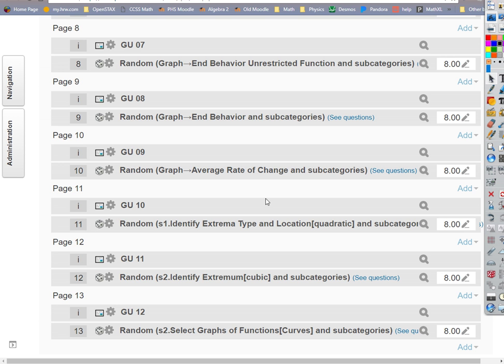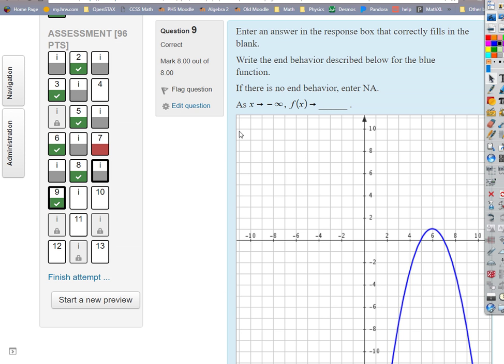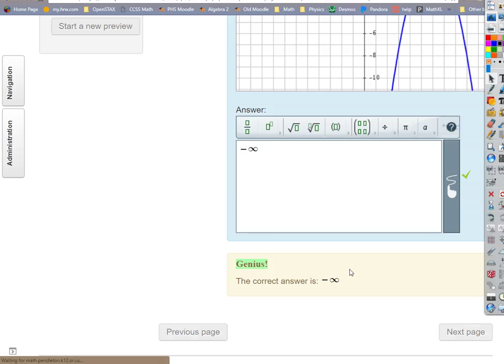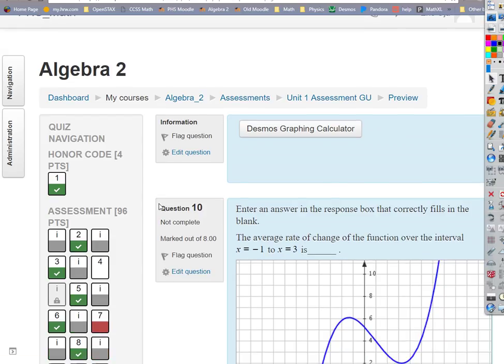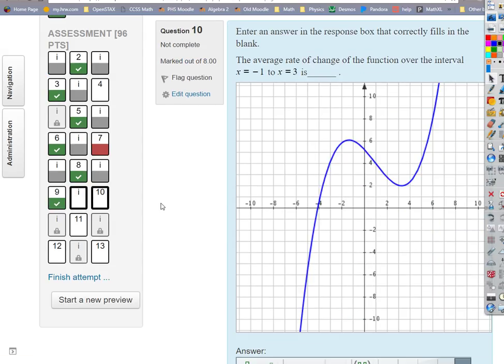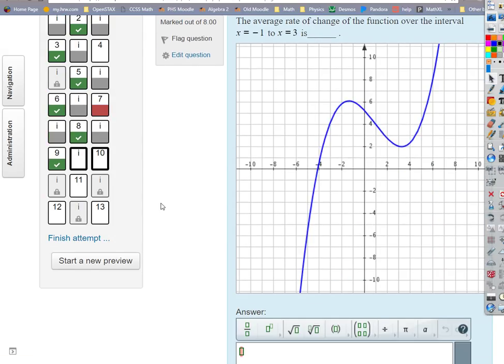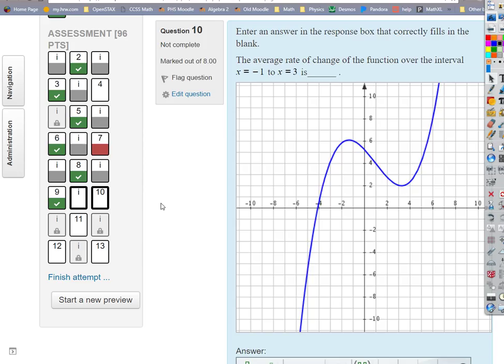All right, so back over to here then. Average rate of change. Okay, what's that mean? Average rate of change over the interval x equals -1 to x equals +3. What are they looking for?